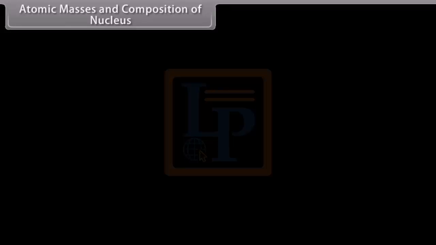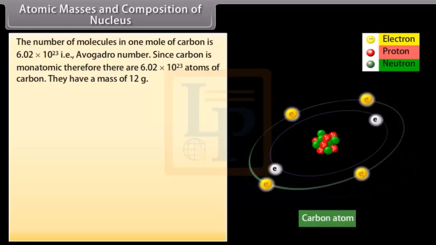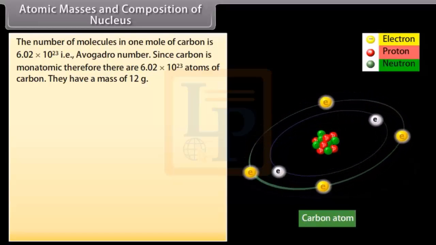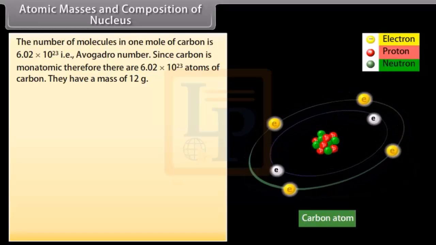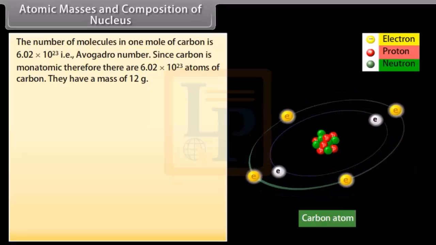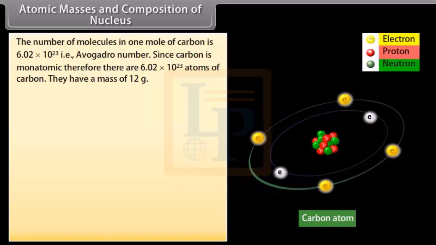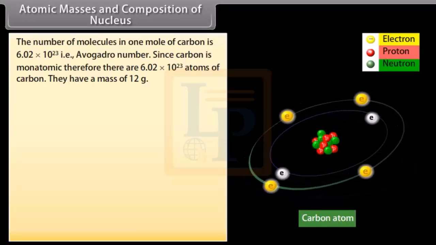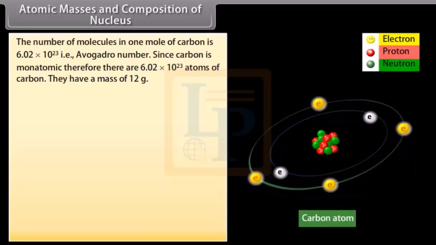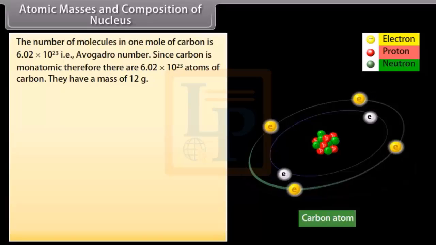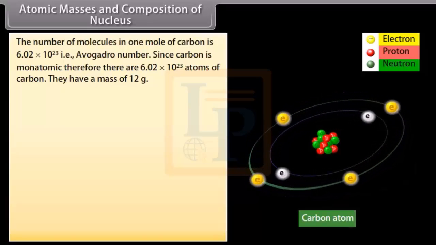Atomic masses and composition of nucleus. The number of molecules in 1 mole of carbon is 6.02 into 10 raised to the power 23. That is Avogadro number. Since carbon is monoatomic, therefore there are 6.02 into 10 raised to the power of 23 atoms of carbon.